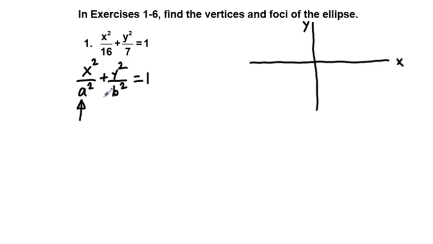And a is the larger number. If a is larger than b, we say a equals the semi-major axis. In other words, that's going to be half of the major axis. And b here is what's called the semi-minor axis.